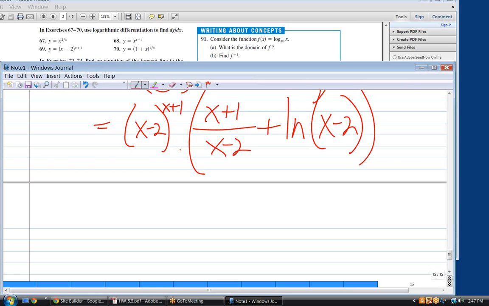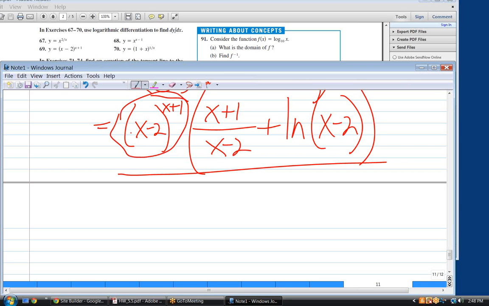Ooh, I've never seen that. What is x minus 2 times the natural log of x minus 2? I don't know. I'm guessing this probably is her answer, only with a y instead of this. Oh no, she has it written exactly as you do right now. Very interesting. The last problem she left with a y.